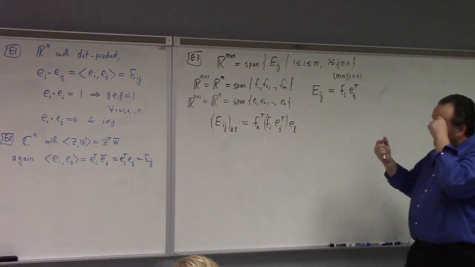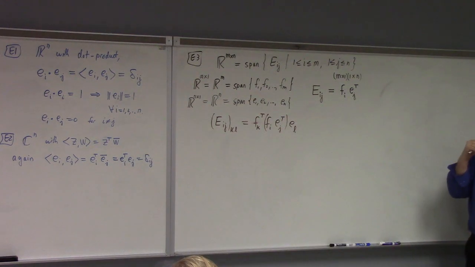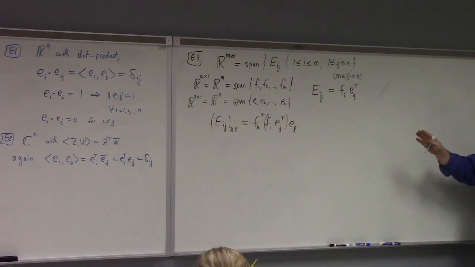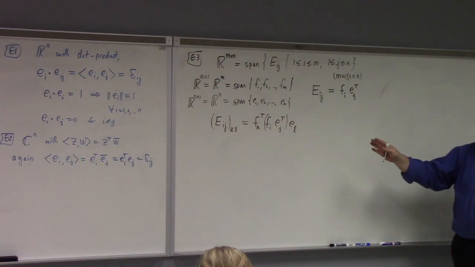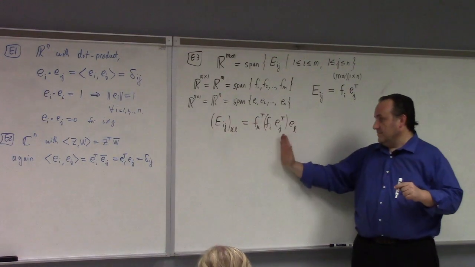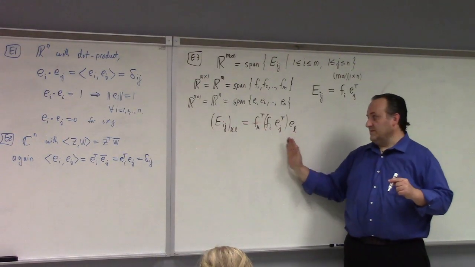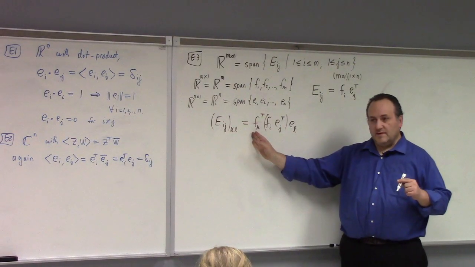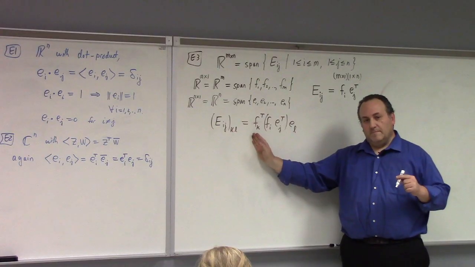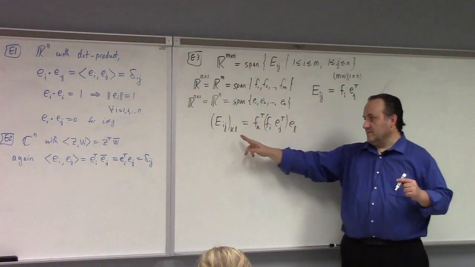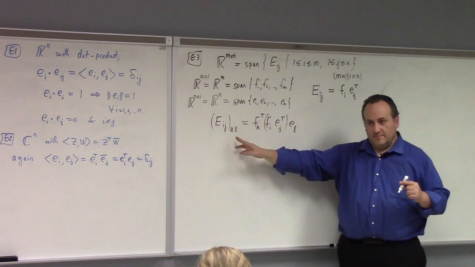Multiplying a matrix by the transpose basis on the left and the column basis on the right is a simple way to select a component. Multiplying on the right by the standard basis e_l gives us the l-th column. Multiplying on the left by the transpose of the k-th basis gives us the k-th row. And if we calculate the k-th row of the l-th column, that's the kl component.